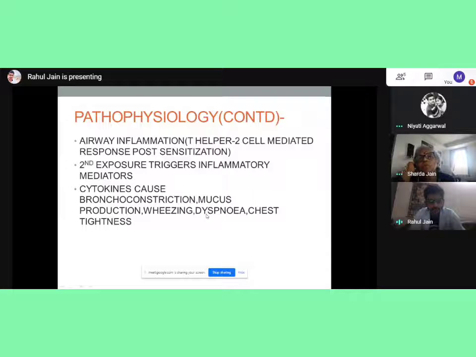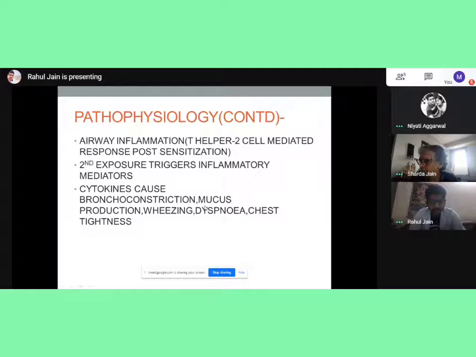The exact term dyspnea in our medicine, it's an uncomfortable awareness of your own breathing. Normally we are not aware that we are breathing, but a dyspneic patient is always aware that he is getting uncomfortable while breathing, or he's breathless.